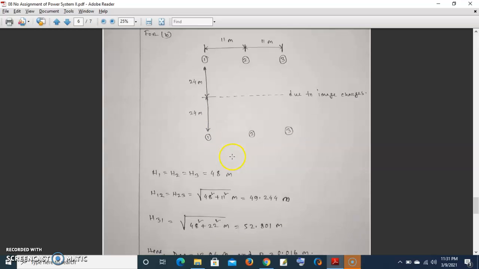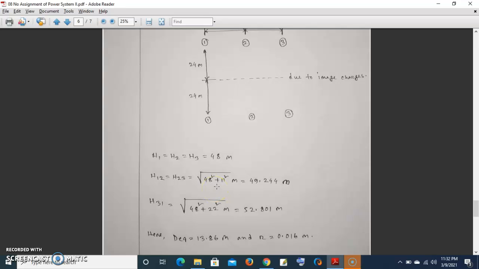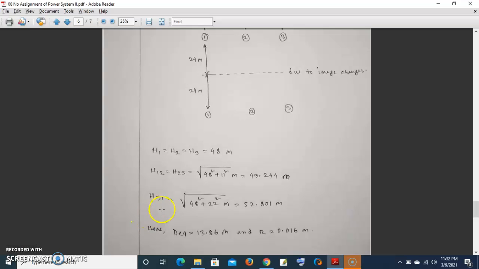And from these rules, we get H1 equal to H2 equal to H3, equal to 24 plus 24 equal to 48 meter, and H12 equal to H23 equal to root over 48 whole square plus 11 square meter equal to 49.244 meter.